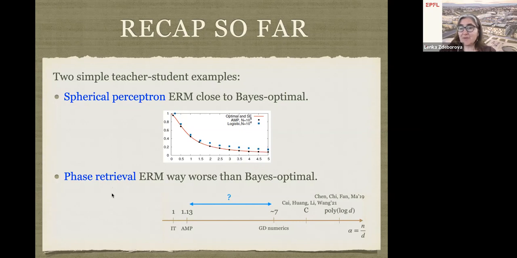Now, in terms of the learning curve, how many samples do you need to get a given performance? The difference was summarized here. You don't change much, you change sign for absolute value. What I see as a key curiosity is that while nothing much changed, in the spherical perceptron the ERM is basically Bayes optimal.